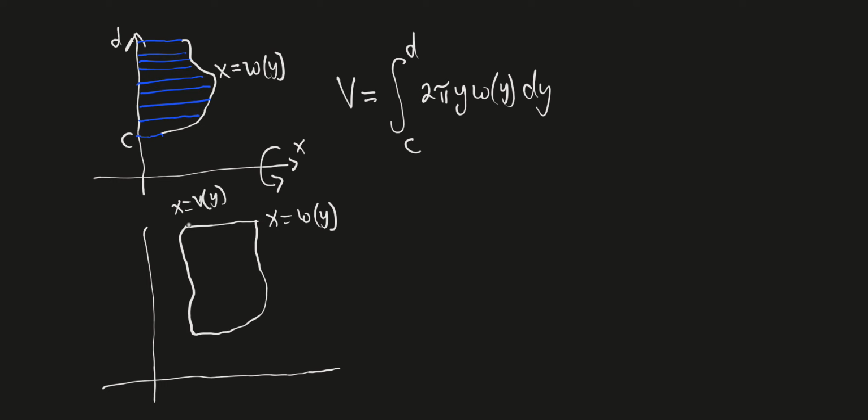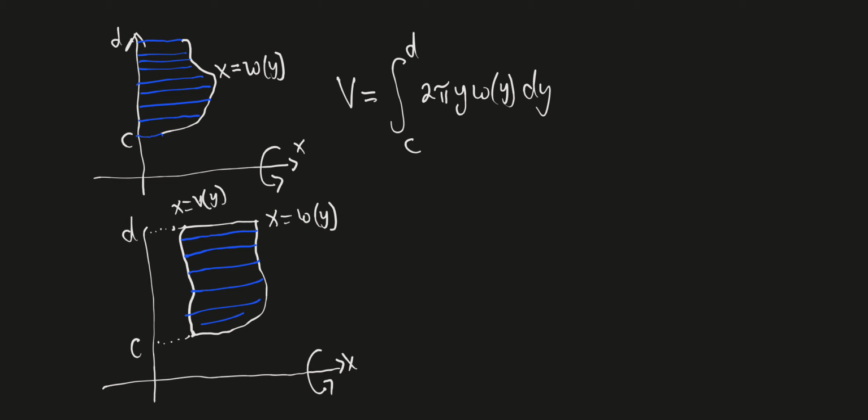And again, the region starts at y equals c and goes to y equals d. But now it doesn't go all the way down to the y-axis. So it starts from your function on the right to your function on the left. And as you might guess, we're not revolving around the y, we're revolving around the x-axis.